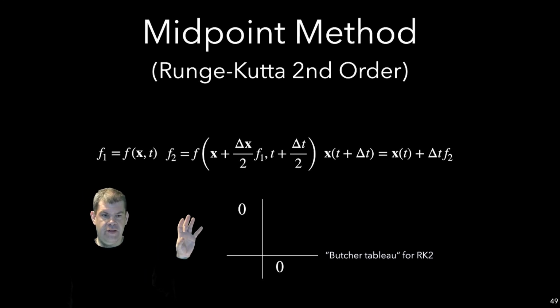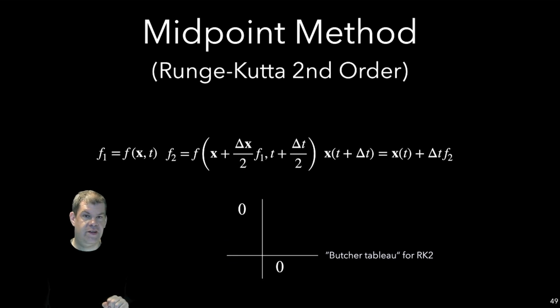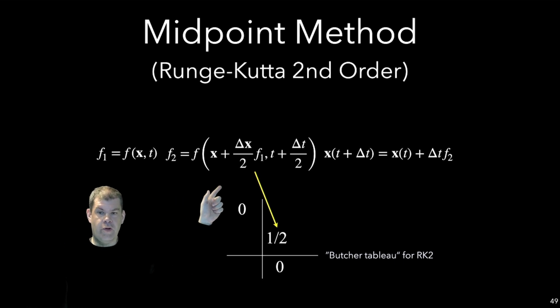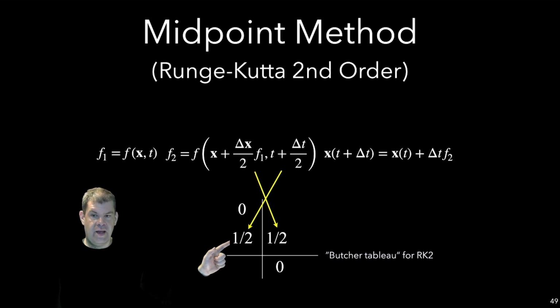And that's what you see here, or what you will see in a second, the Butcher tableau for Runge-Kutta second order, or for the midpoint method. So for this tableau, you take this factor here, 0.5, that's my weighting factor for the first step. You plug that into the tableau at the center, and here at the left you plug in the time step that you use.